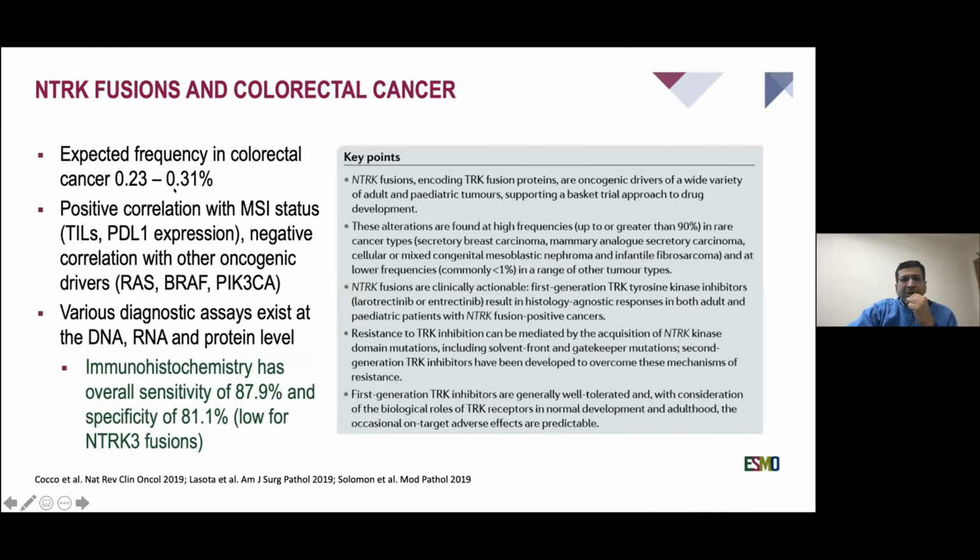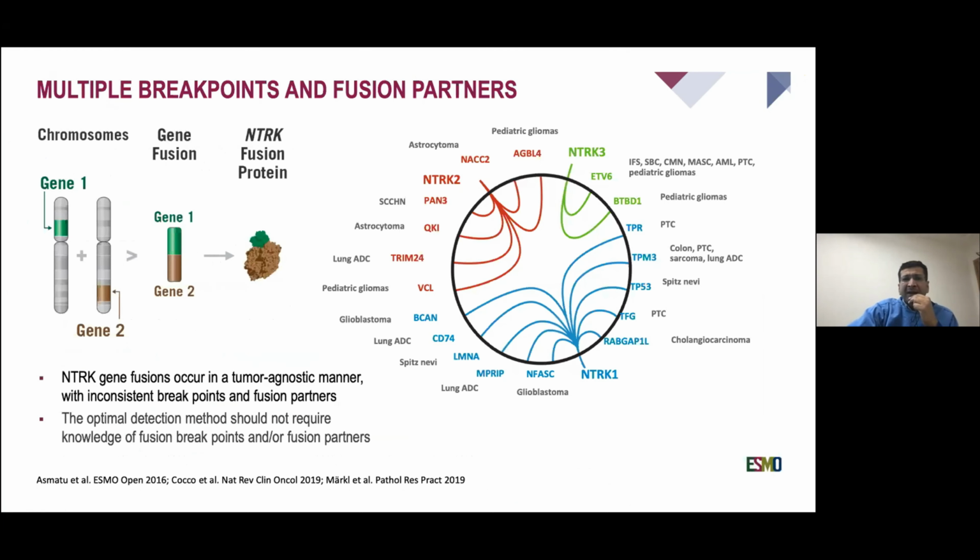So it constitutes only less than 0.5% of the cancer, but they form a subset where some type of manipulation is possible. So basically, it is not the mutation that matters, but it is the fusions which predict the response to the treatment.